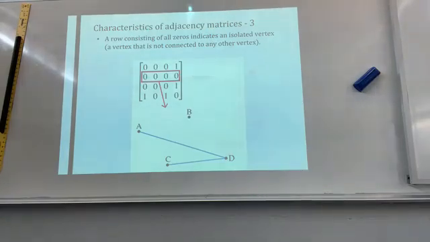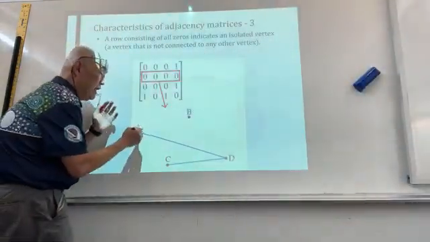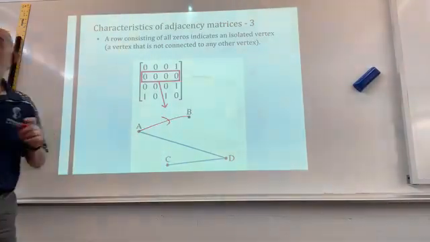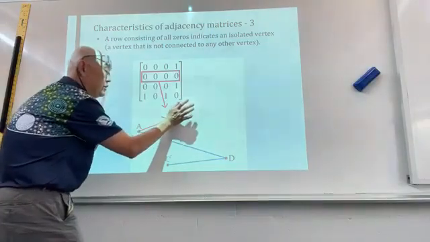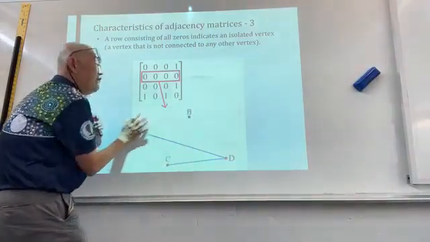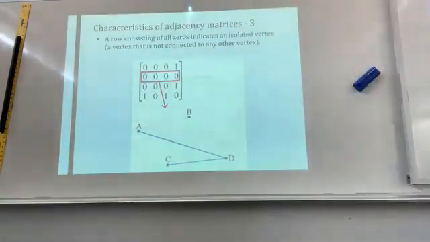You may still have something that A can go into, and nothing coming out of B. So it could be all zero. Make sure that you are very careful, because if it is a directed graph, it may not necessarily be an isolated vertex.